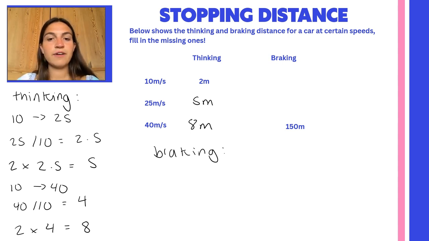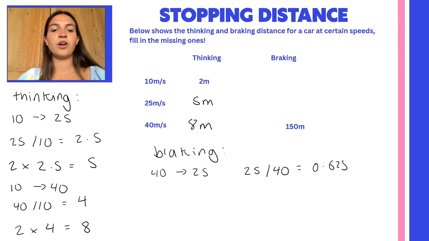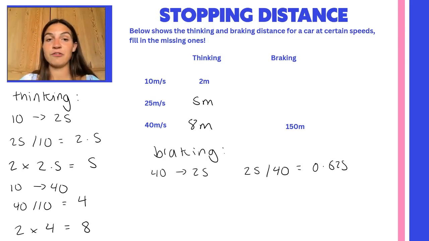So we're going to start in a very similar fashion. Okay, my braking distance at 40 meters per second is 150, and I want to know what it's going to be at 25 meters per second. So I'm going to find the factor first. So 25 divided by 40 is 0.625. Okay, so that is the factor that my speed is reduced by.